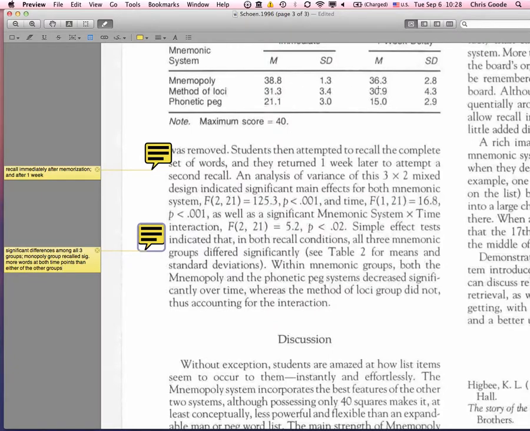Method of loci went from 31.3 to 30.9, and that's not significant. That's what they're trying to say. And 21.1 down to 15 is significant. Okay, so the method of loci group did not forget a significant number of words, I think is what they're trying to say. You guys agree so far?